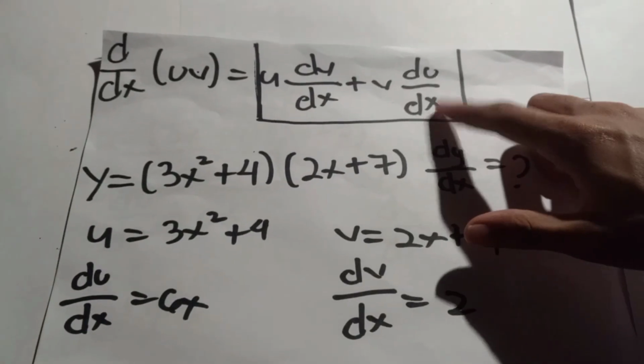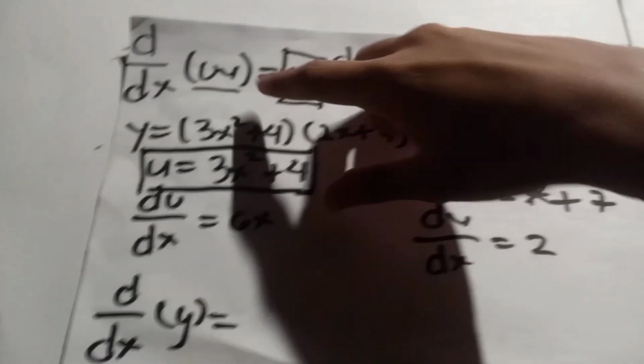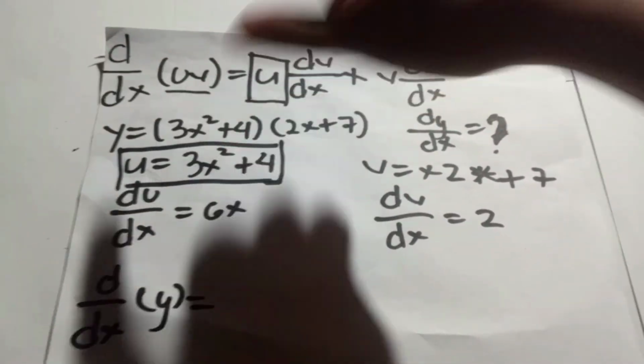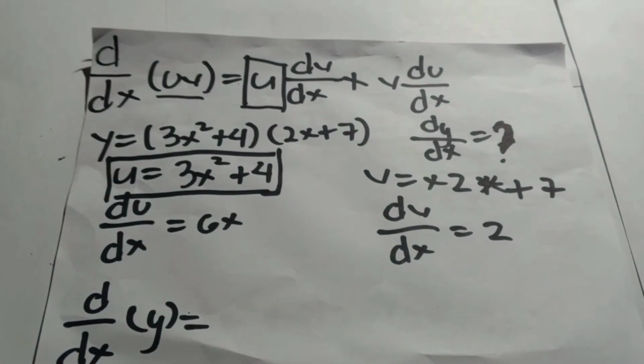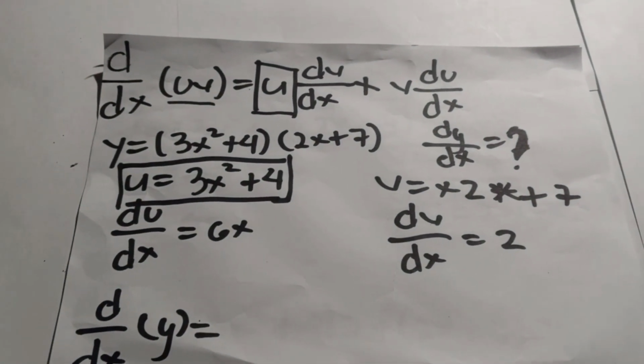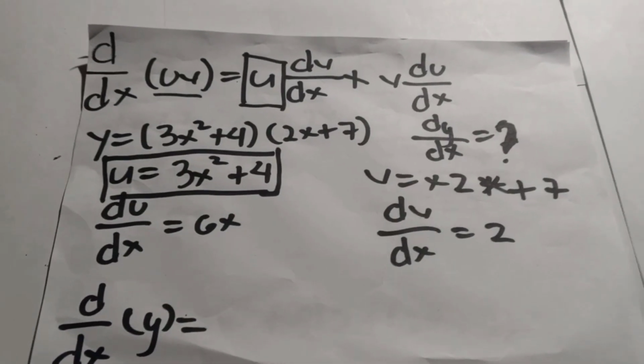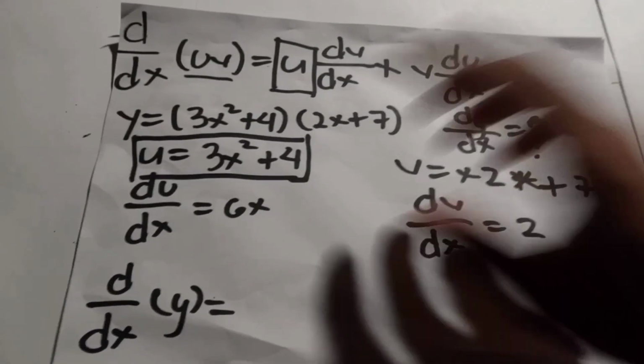For the product of uv, uv is just basically the initial y, so for u we have 3x squared plus 4.